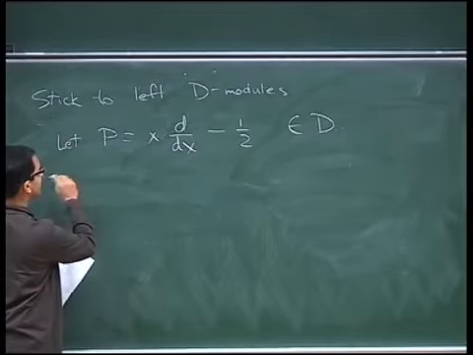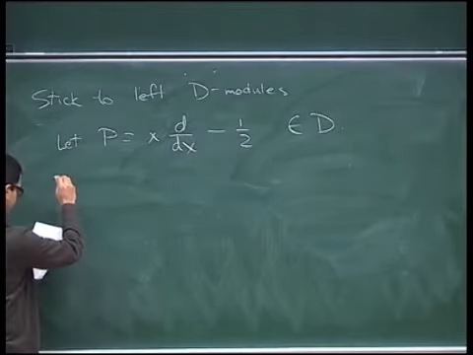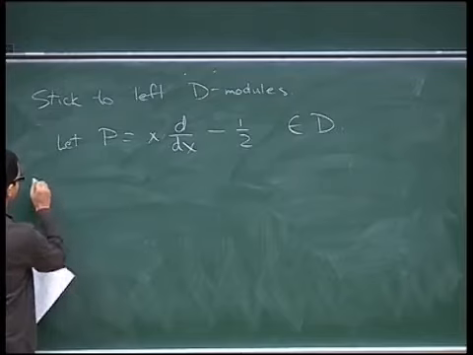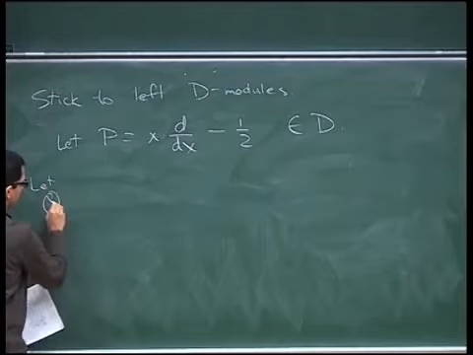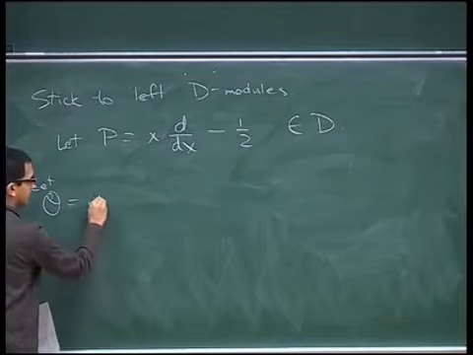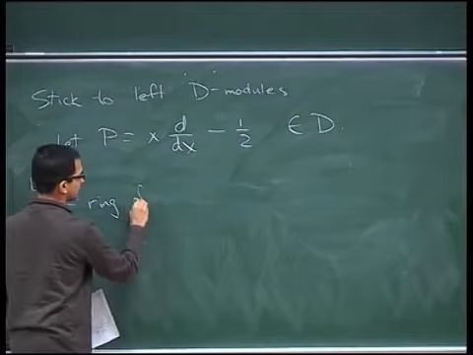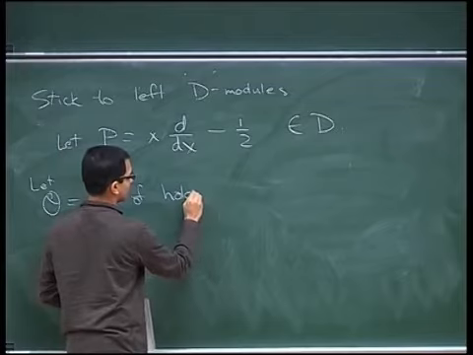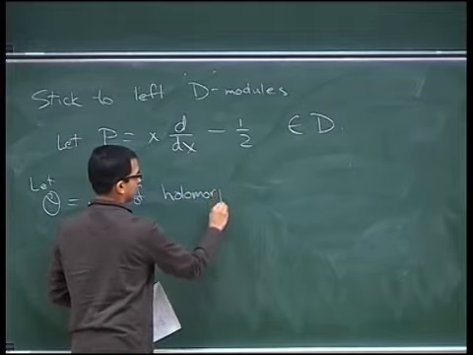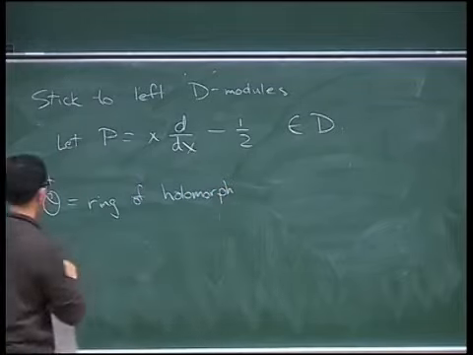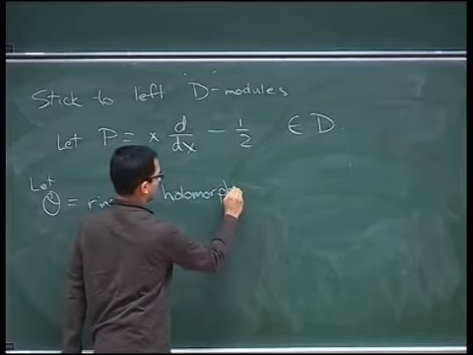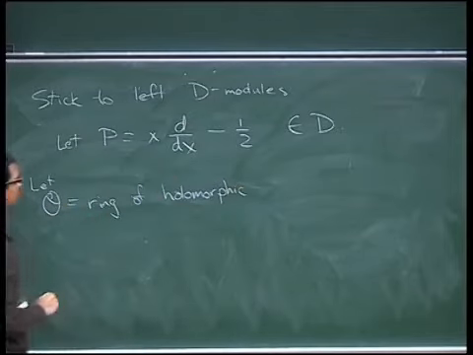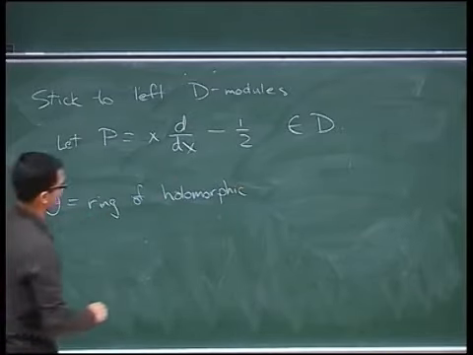Okay. So let me introduce a bit more notation. So let O be the ring of holomorphic functions of one variable. Well, I might change the meaning of O from time to time.